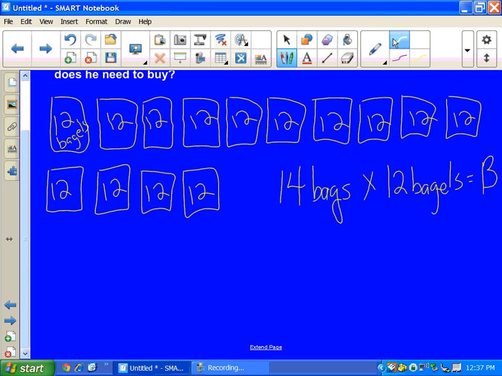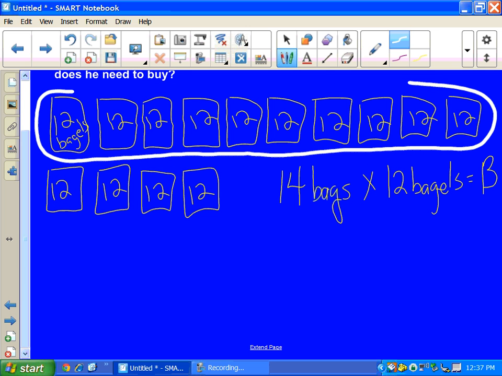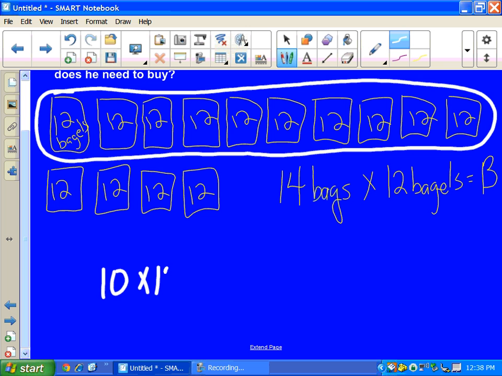So right off the bat, I see that right here, I have 1, 2, 3, 4, 5, 6, 7, 8, 9, 10. So this is 10 groups of 12, which is easy to count.